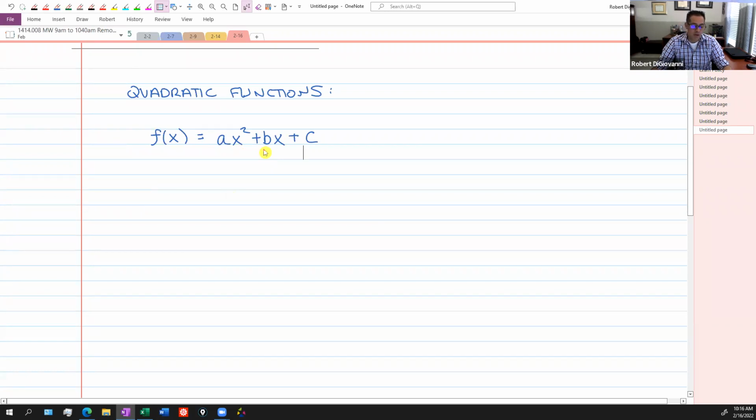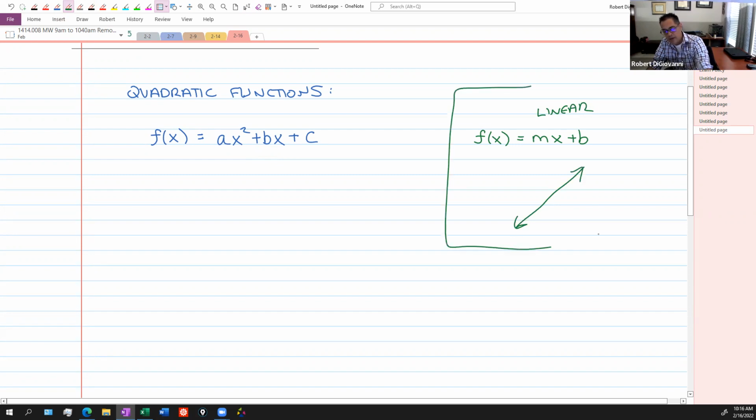And the thing we want to know about this is, what do these look like? We know what linear functions look like, right? We already know that if you give me a function like this, mx plus b, that's linear. And when we graph it, we're going to get a line, right? That we know.